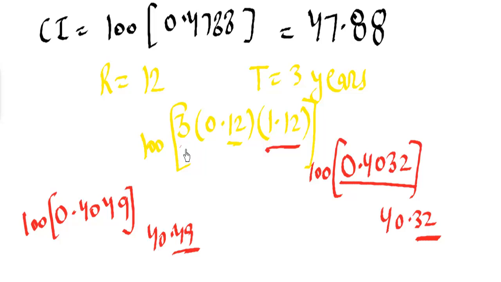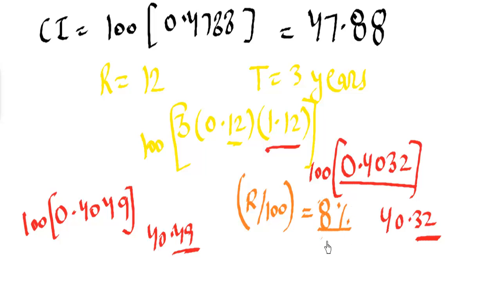So let's say this is one. We can do one more example. What you have to do is first divide my R by 100. Let's say my R is 8%.